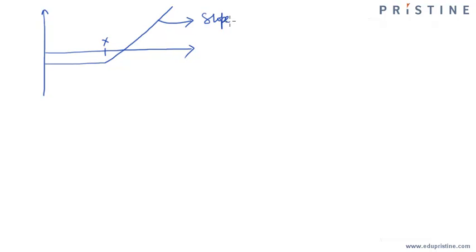So slope of 1 means that if I go in the positive x-axis direction with a change of delta x, we will have a corresponding change on y-axis, which if I say equal to delta y, so here delta y would be equal to delta x. So that's one point. The second point is that the slope of a horizontal line would be 0.